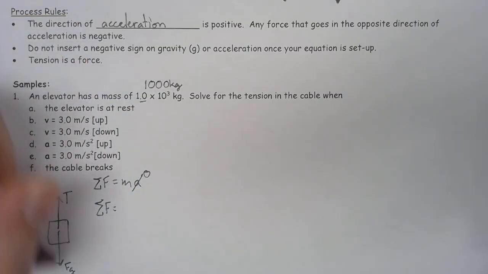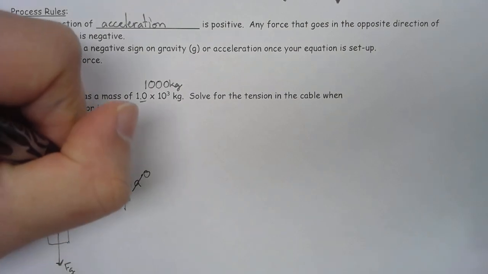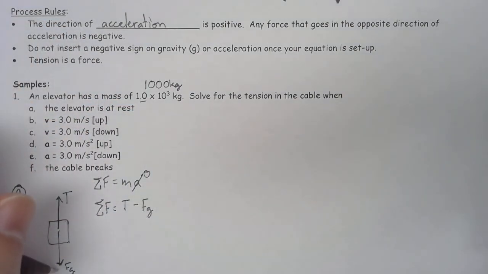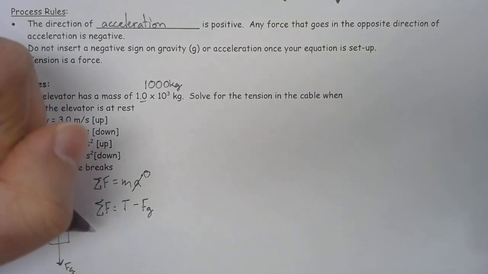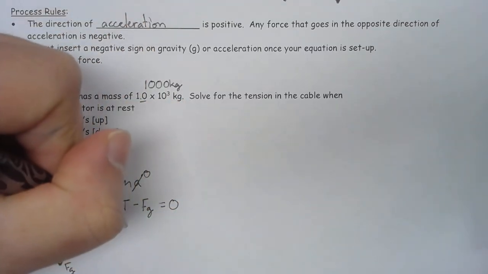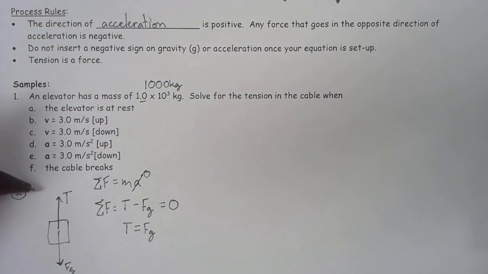And because neither of those is the way the box is moving, we can just say up is tension and down is gravity. Or we could say up is positive for gravity, and negative is tension. That's possible too. Because when this equals 0, we can move one to the other side. Tension equals gravity.